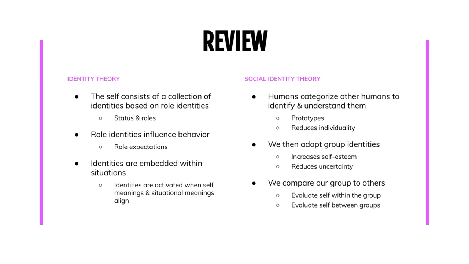And so identity theory is leaning into that, but more so focused on how you perceive yourself and how others' expectations of you influence how you view your own self, and also how you construct yourself and how you behave with others based on these roles.